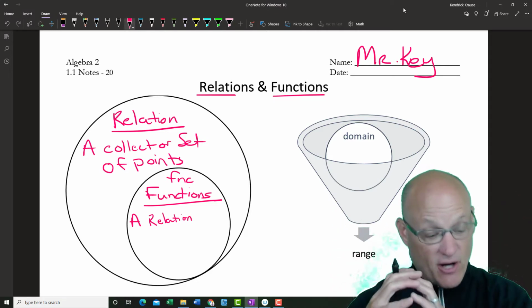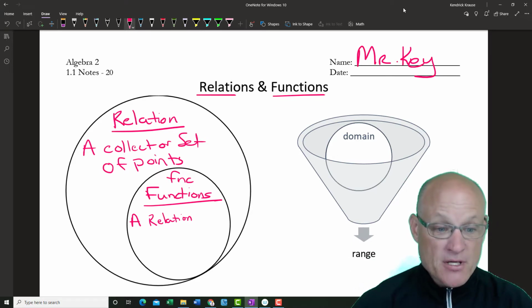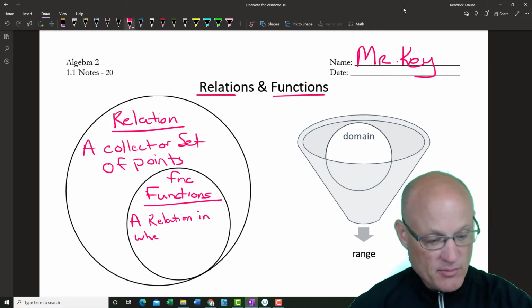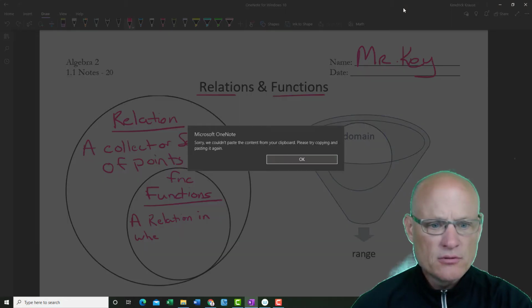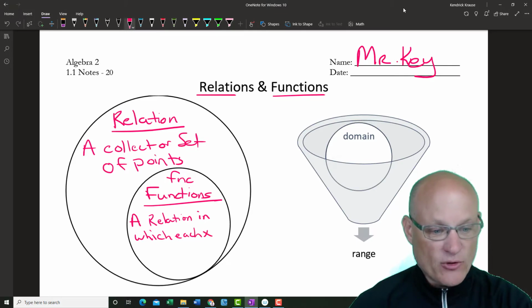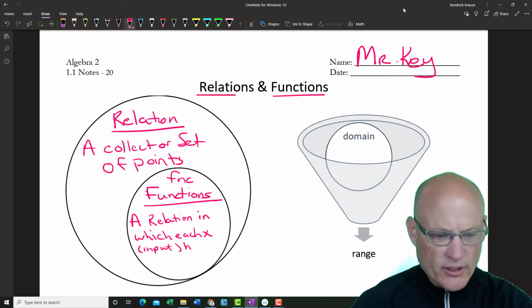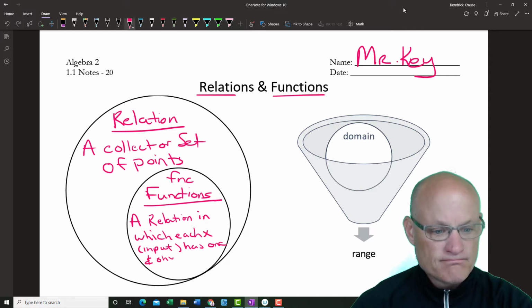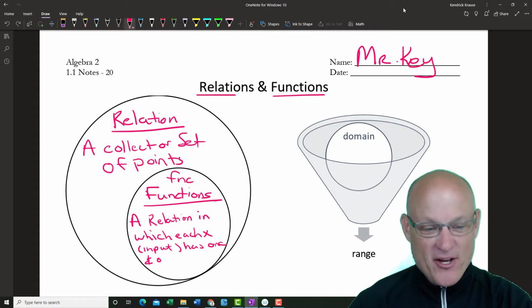So all of these things are first and foremost a relation in which each x, which is of course the input value, has one and only one y, or output value.